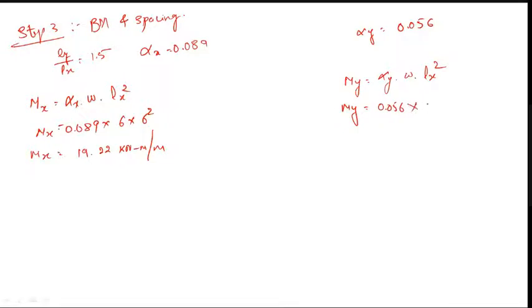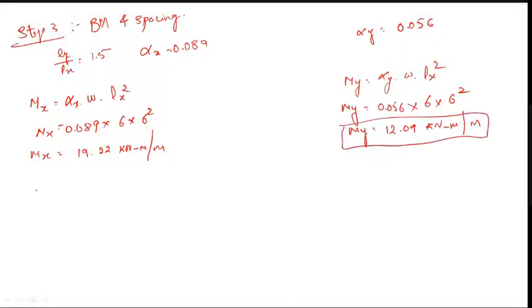0.056 into 6 into Lx square, it is 6. Okay, when you do the calculation, My equals 12.09 kilonewton meter per meter. Okay, I have got My and I have got Mx.